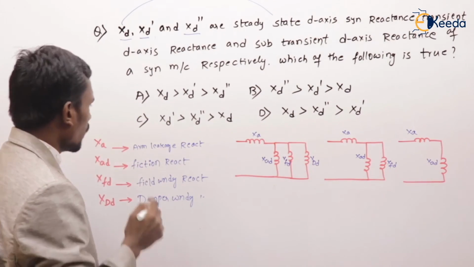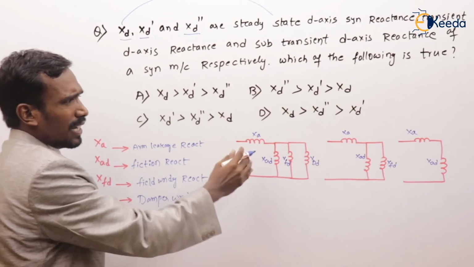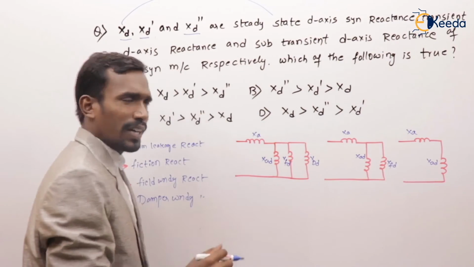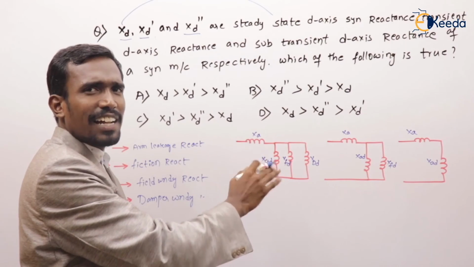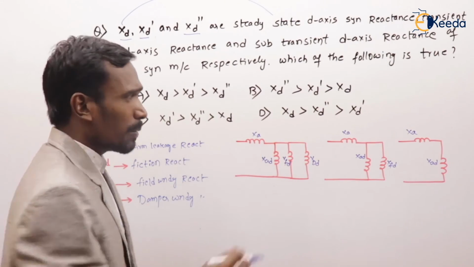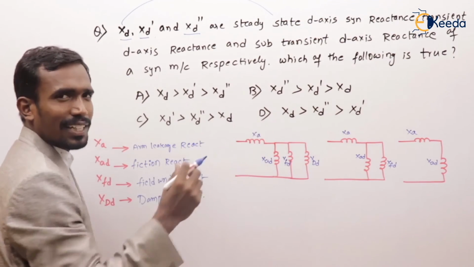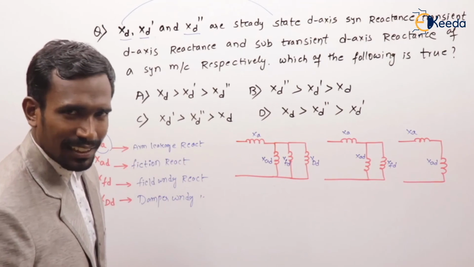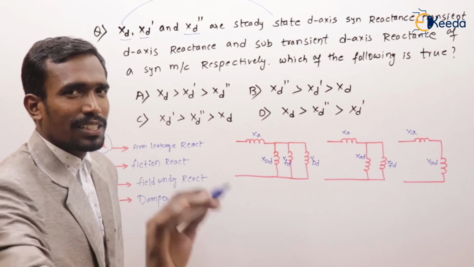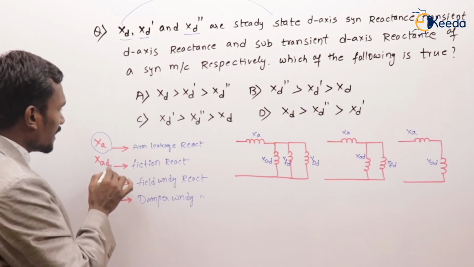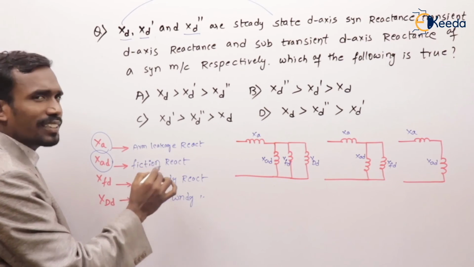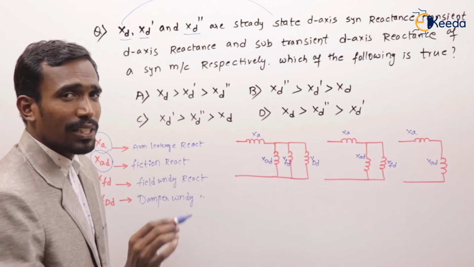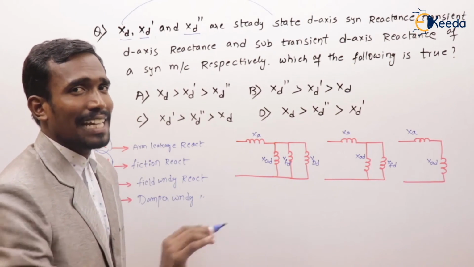Before that, I will draw 3 diagrams for steady state, transient, subtransient. First we have to know what the reactances are here. XA, the armature leakage reactance. XAD, the armature reactance along the D-axis.